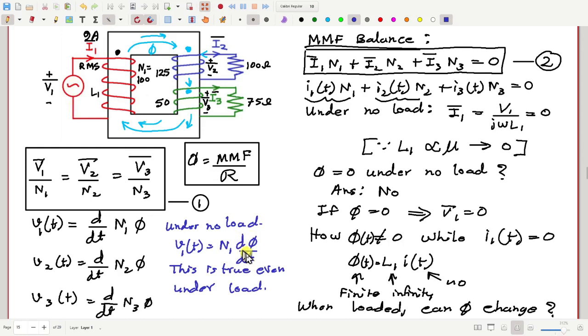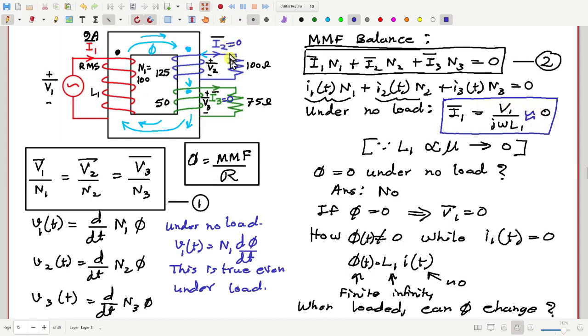But under no load, when I2 was 0 and I3 was 0, how much was I1? I1 was also equal to 0, because under no load, since L1 is very high and V1 is finite, I1 is approximately equal to 0.